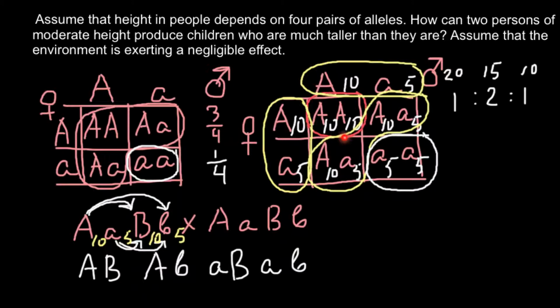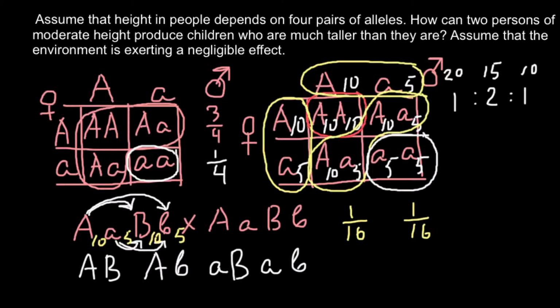So this is going to be the tallest, and this is going to be the smallest. In the second example, the tallest would be 1 out of 16, and the smallest also 1 out of 16.